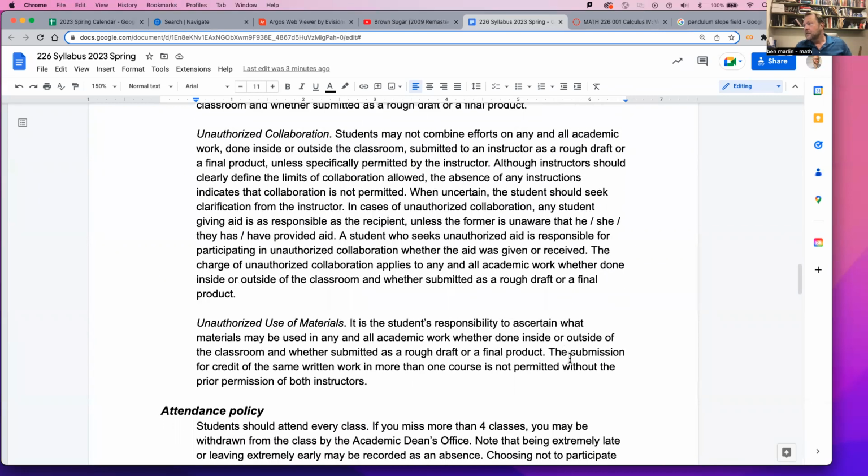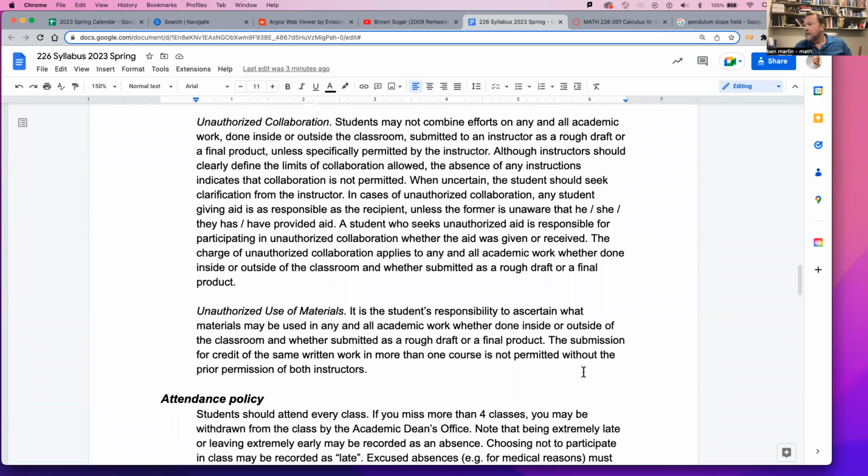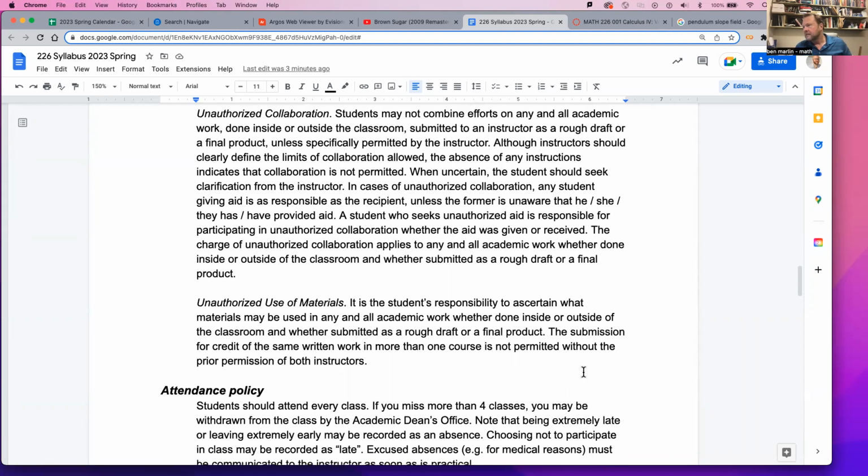Unauthorized collaboration. This is something we shouldn't have to worry about. I have shifted things in this course so that we're going to have the exams in the classroom, and that should make the exams a little bit lower stakes because it has to be something that can be completed in a certain time frame.